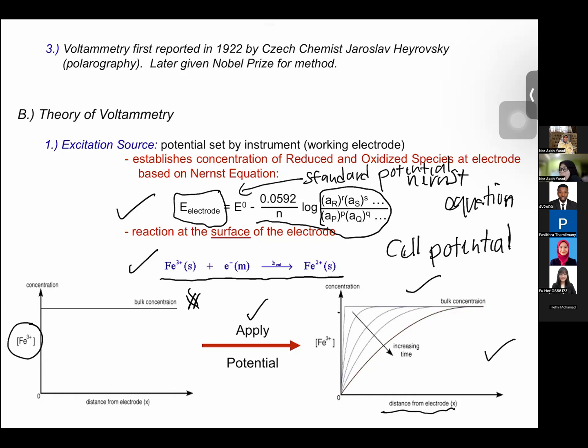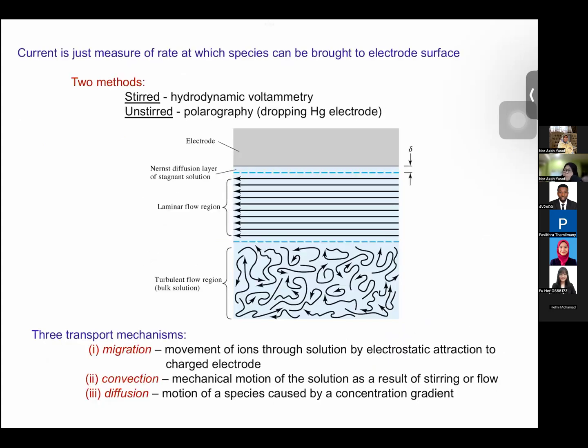So you can see that the bulk concentration here that is far from the electrode is still very high, but those that are closer to the electrode start to decrease because now they have been reduced to ferrum 2 plus. So this is what happens on the surface of the electrode.